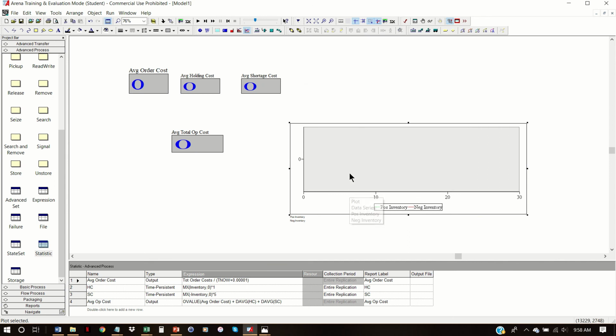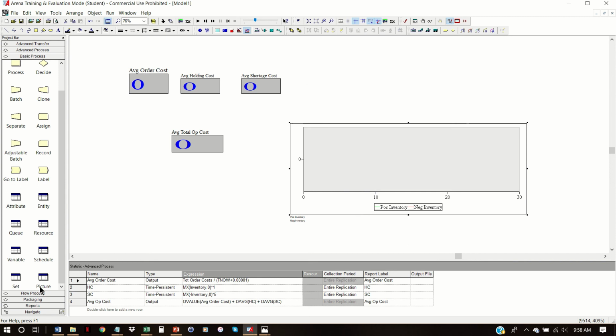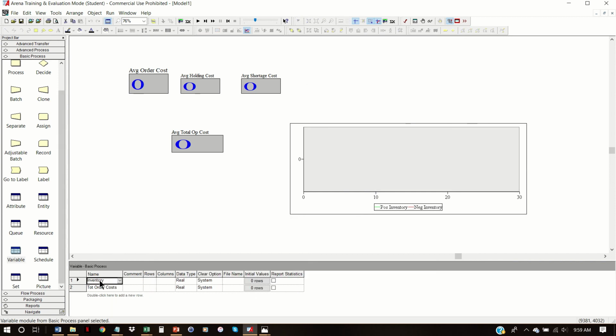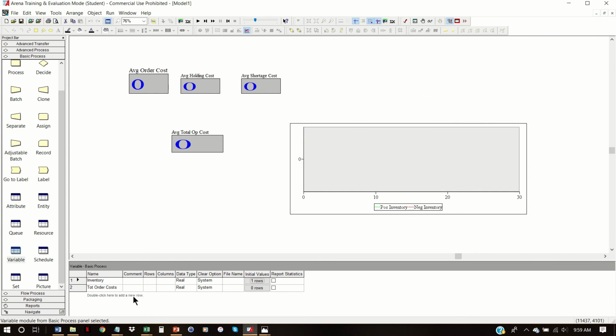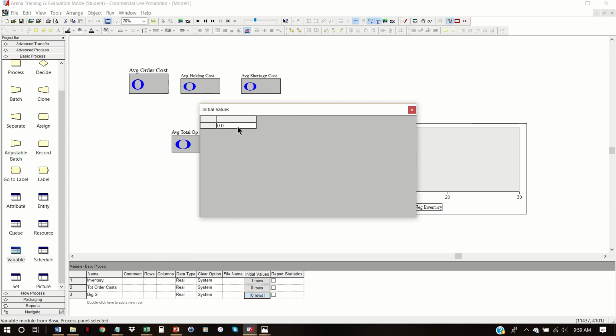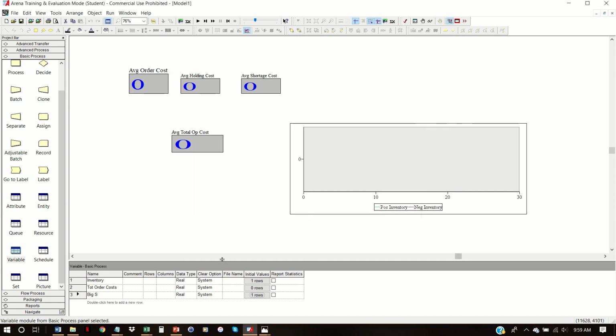Okay. And then the final thing we want to do is make sure that we set our initial values for our variables. So we have our inventory level. Let's say that initially our inventory is 60. And then we can set our big S. And this is going to be, let's see, reorder up to 40 is our maximum inventory.